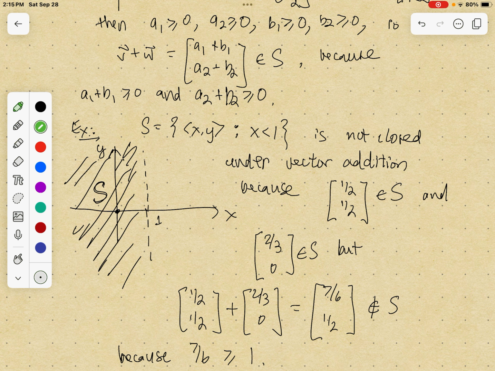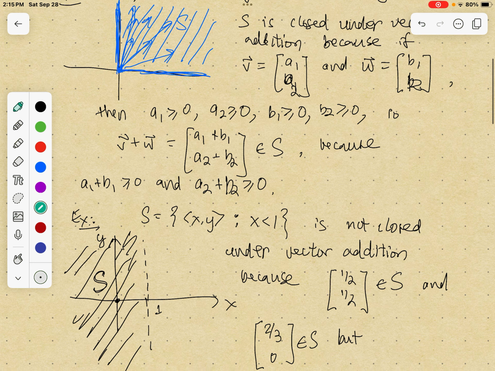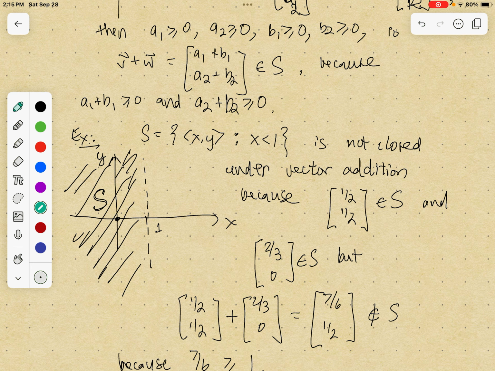That's also in S. But closed under vector addition doesn't mean sometimes the sum of two vectors in S is in S. It's saying every single time. This is important. Whenever you have two vectors in S, the sum is also in S. Not sometimes, not most of the time. It's every single time. And that is not the case in the second example.